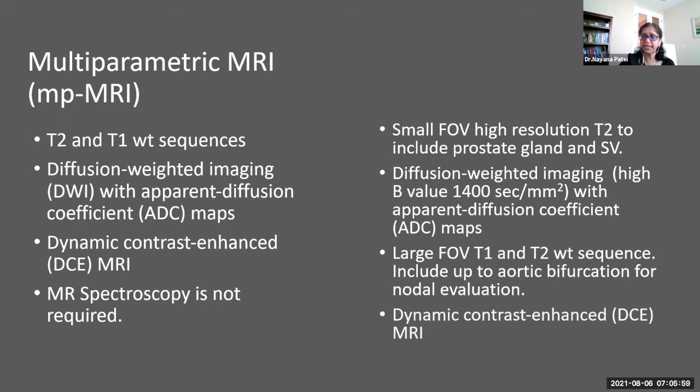It should also include large field of view T1 and T2 weighted sequences to make sure the images include up to the aortic bifurcation for nodal evaluation. And then it has dynamic contrast enhanced images. So that is the typical standard multiparametric MRI protocol.